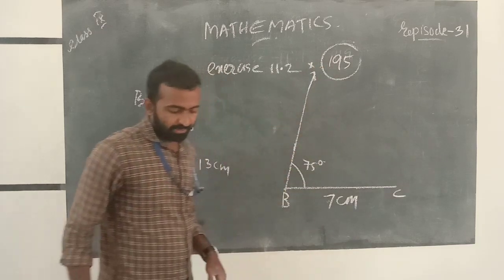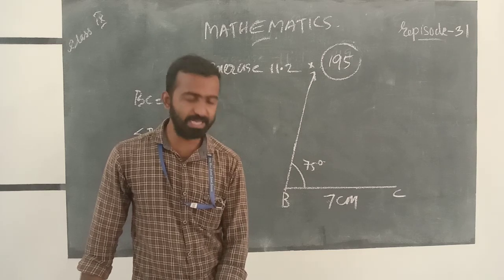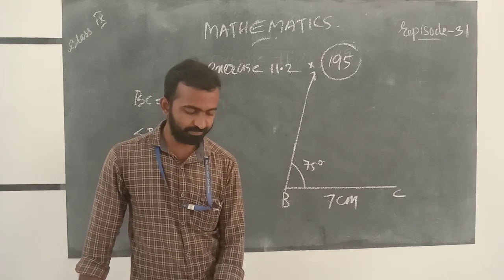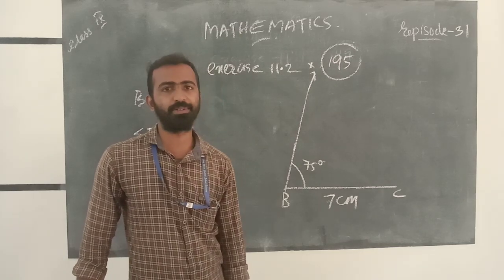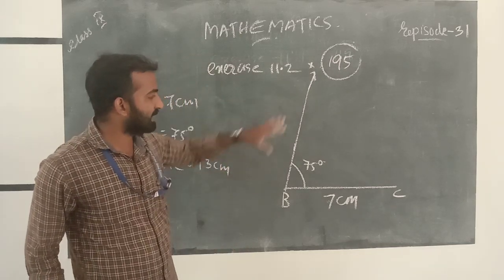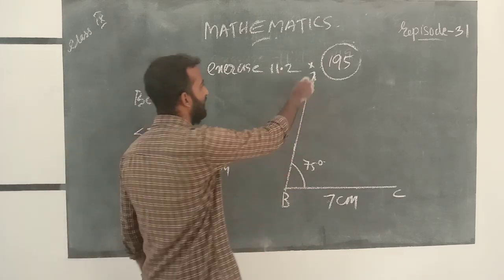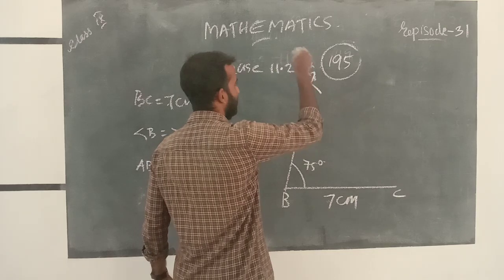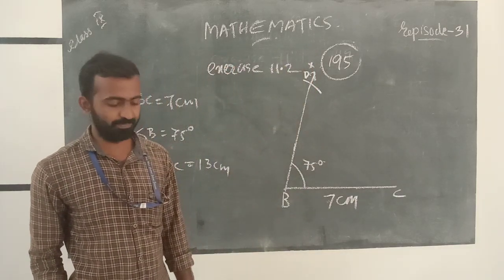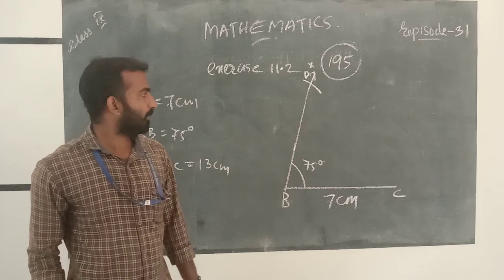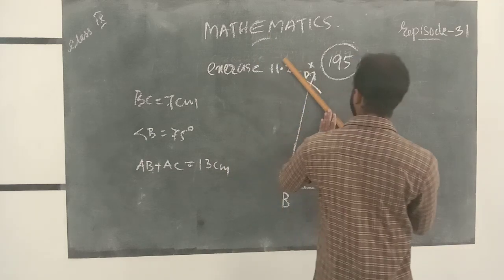And what is the third step? Cut the line segment BD equal to AB plus AC, that is, 13 cm.